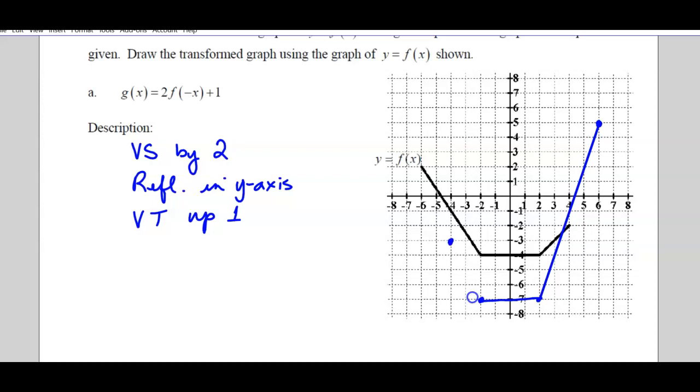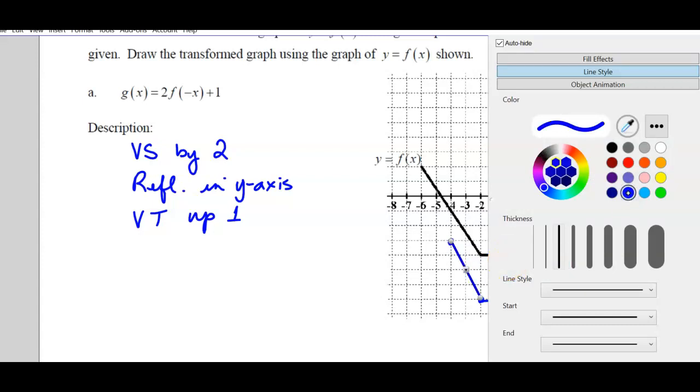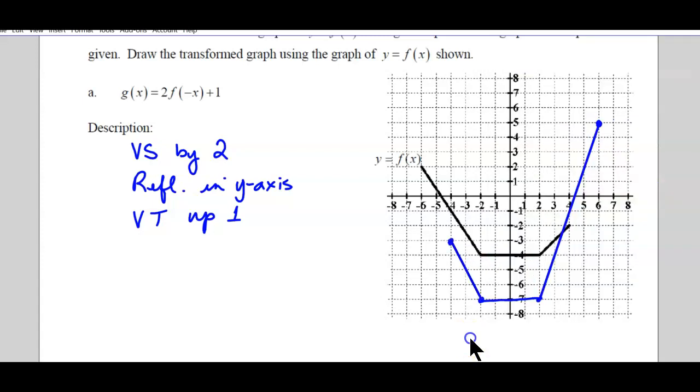Kind of like a big difference. So when you think about it, if there's a vertical stretch by 2, it should be higher. Well, I look here. This range is 2, 4, 6 units. This new one is 7 plus 5 is 12 units.